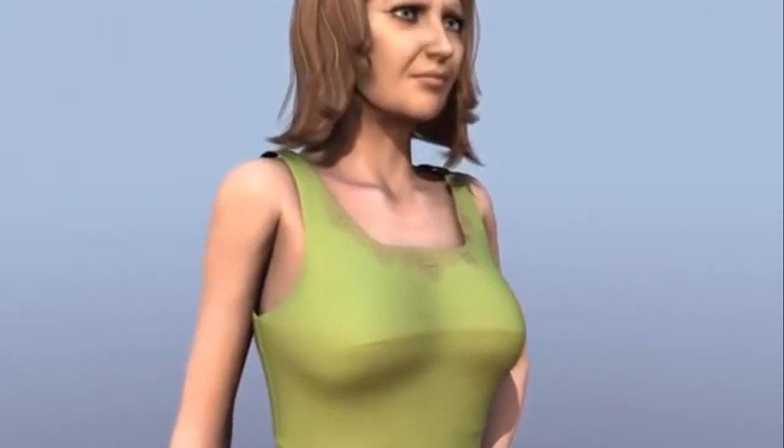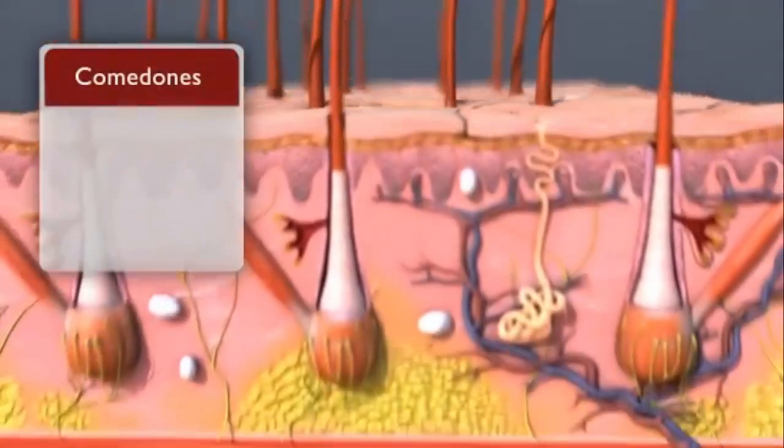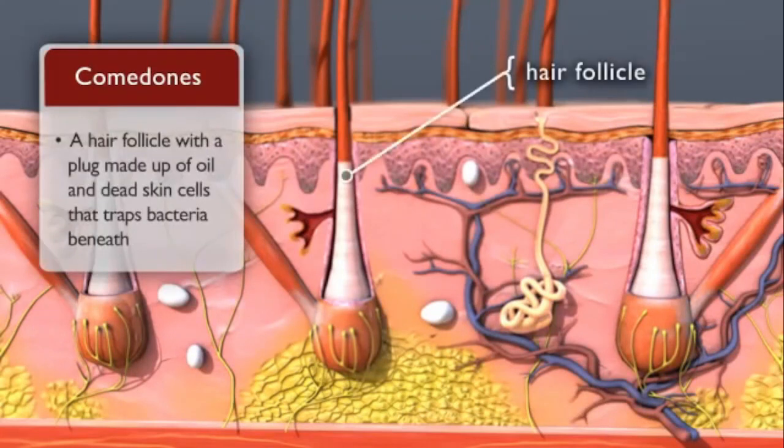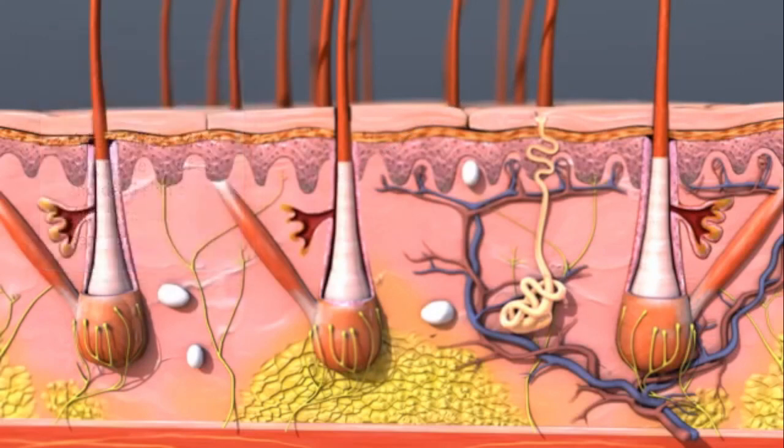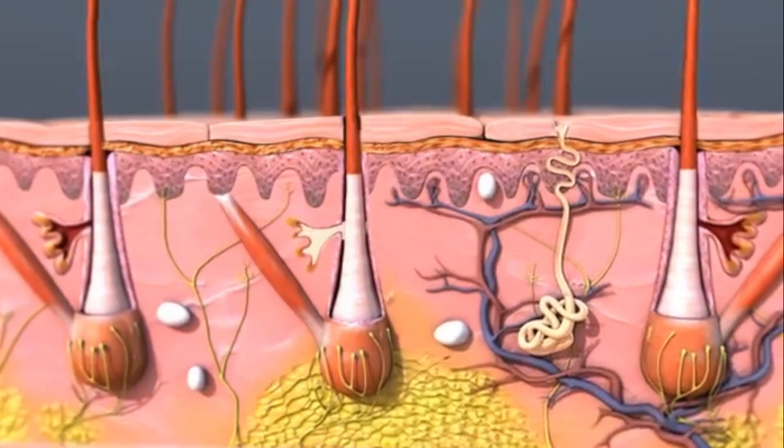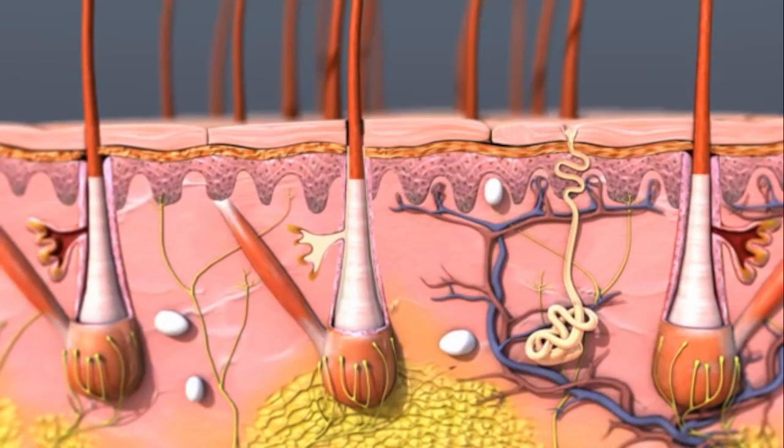Both whiteheads and blackheads are comedones, which means a hair follicle with a plug made up of oil and dead skin cells that traps bacteria beneath. Microscopic glands in the skin supply an oily substance called sebum to hair follicles, often called pores.